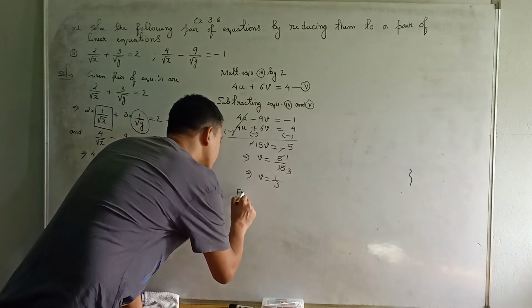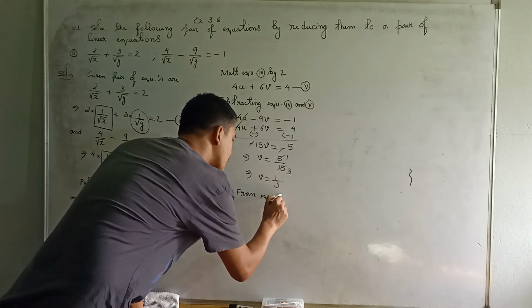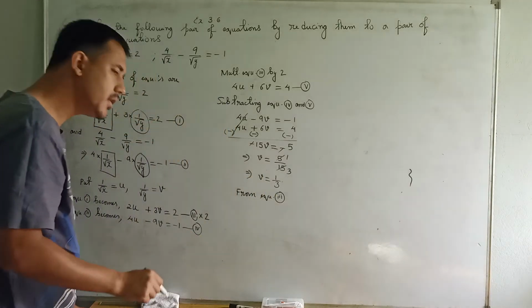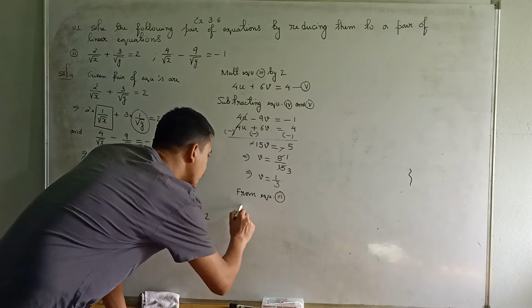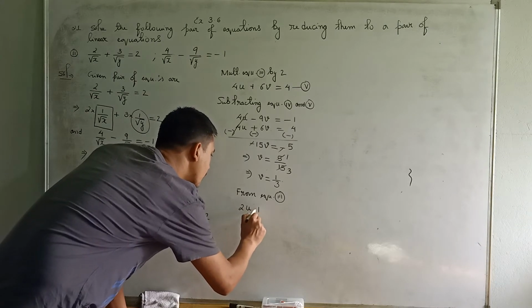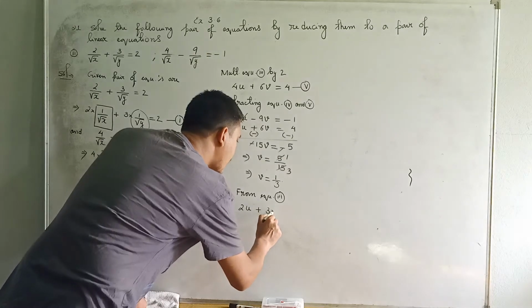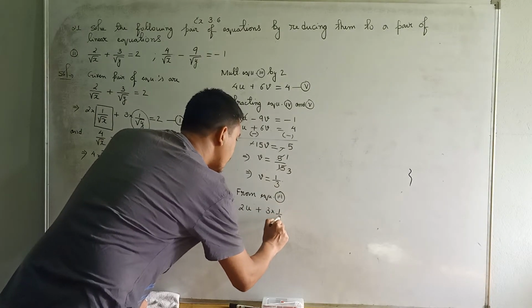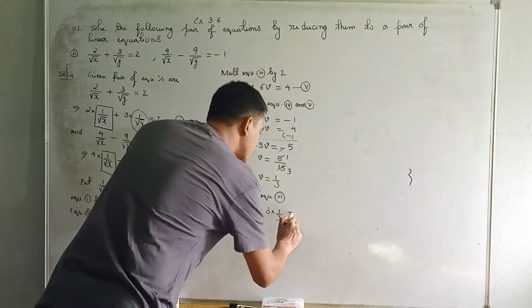So from equation 3, I'm going to substitute the value of v. Your equation 3 is 2u plus 3v, so 3 times v, 1 by 3, is equal to 2.